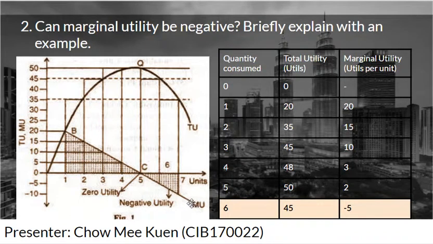And the marginal utility for the 6 units obtained also decreased from 2 utils per unit to -5 utils per unit. All this happened because of the law of diminishing marginal utility.